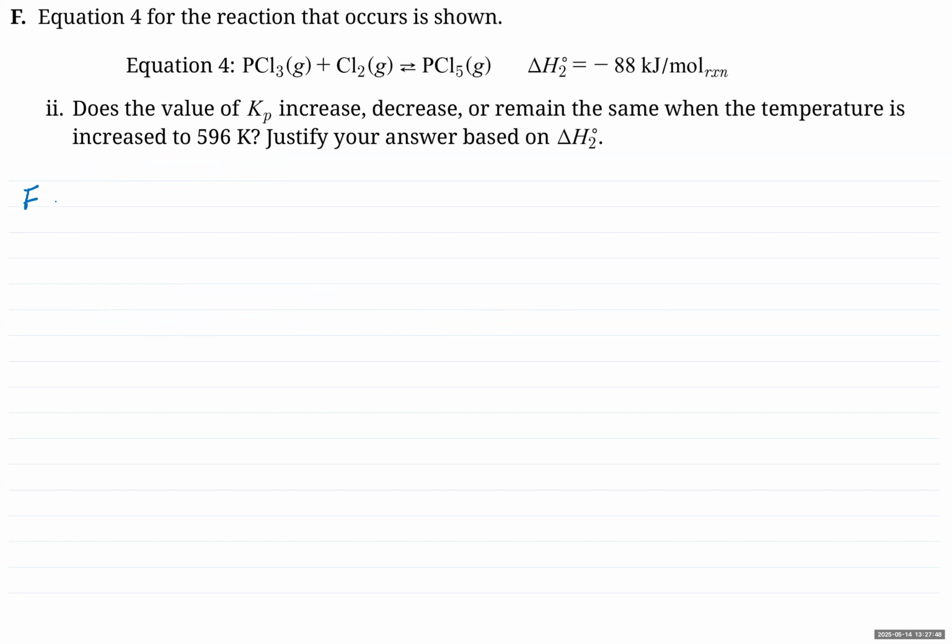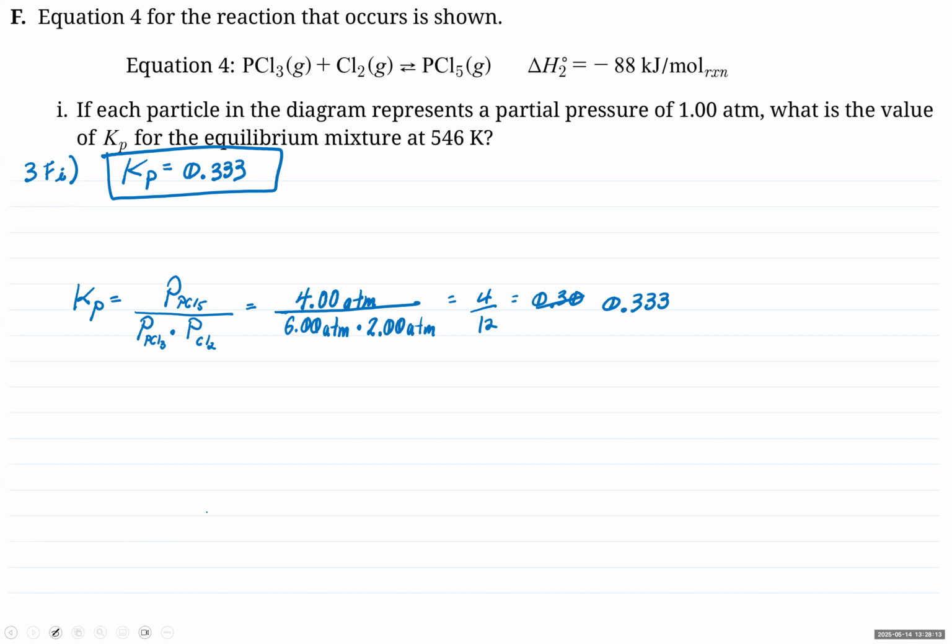I want to put some area, this is problem number 3. I know that I want to leave some space for me to write the answer, but let's gather some data. So we know that delta H2 is negative, or exothermic.